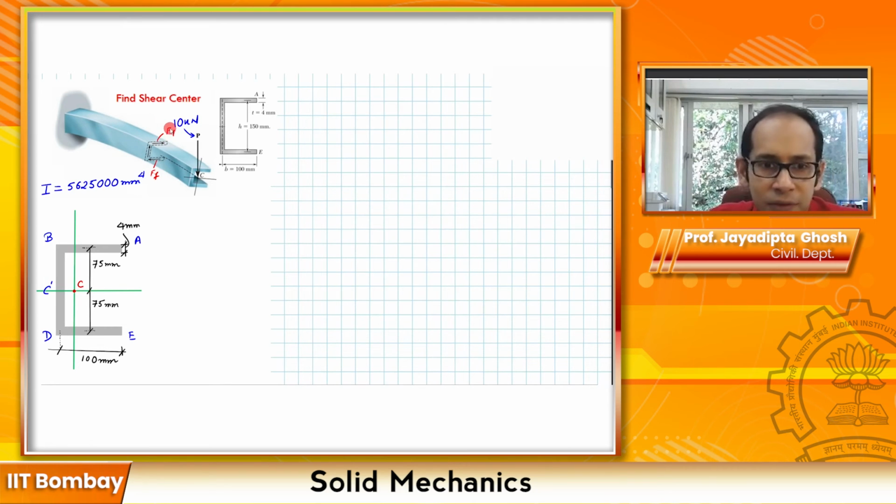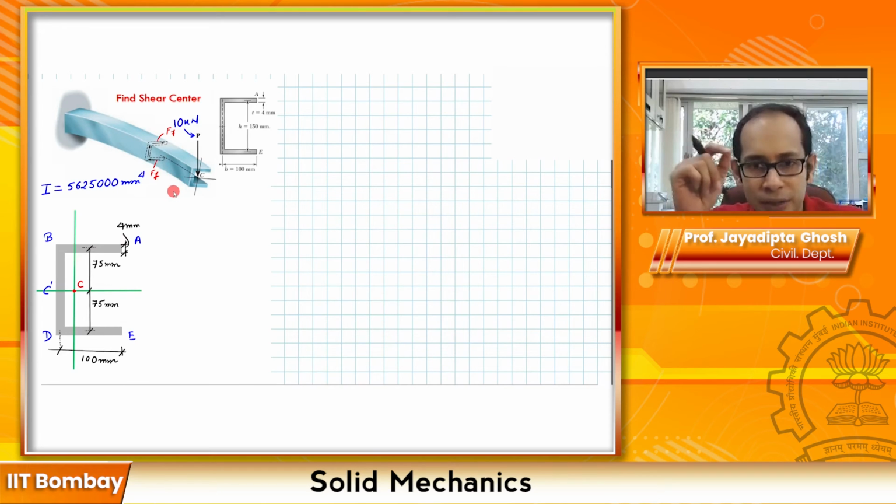Now to find this F_f, remember the precursor is to find the shear stresses. We know the shear stress in the flange is going to have a linear variation, because it is perpendicular to the direction of the shear. The shear is acting vertically up at that internal section. It is going to have a parabolic variation in the web and a linear variation in the flanges.